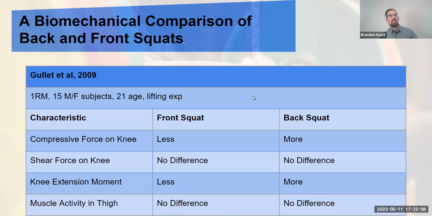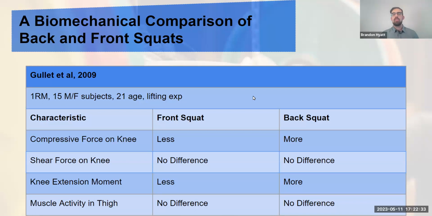And that's interesting to me, because I always heard that with front squats, you're going to get more quads. Now, there is some research that does show that, but we've got to look at it from a whole perspective. And then, okay, less compressive forces on the knees. That can be because typically you lift less weight in the front squat, and because of the biomechanical difference of a front squat.